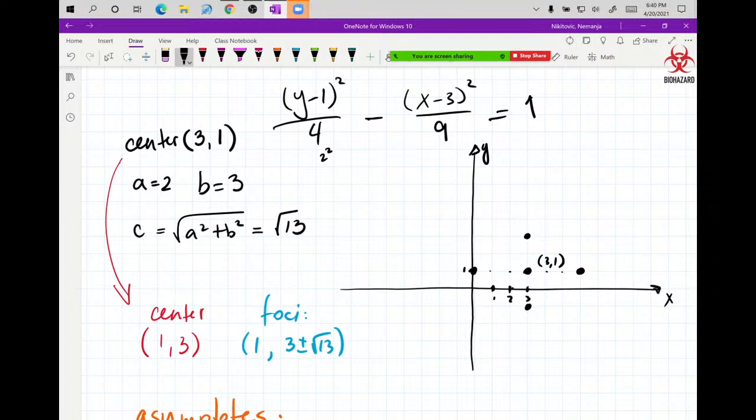So now, when you complete your box, I'll go orange to match because asymptotes. We need to complete this box, and now use these corner points to draw asymptotes through those points.